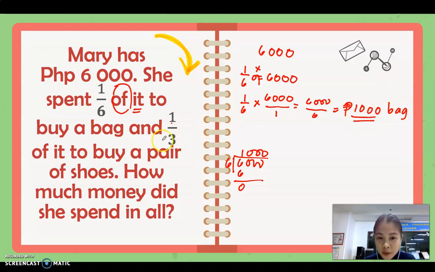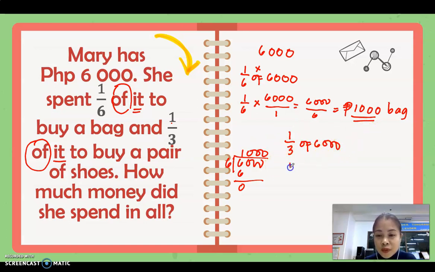There's another problem. 1/3 of it. Of, which is multiply, of it, that's the 6,000. 1/3 of it is for the pair of shoes. So, we need to write another equation, which would be 1/3 of 6,000.